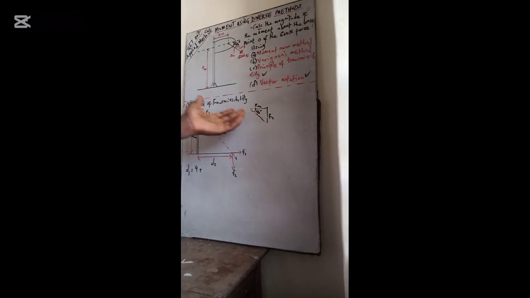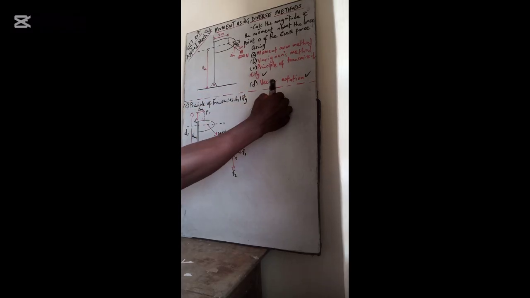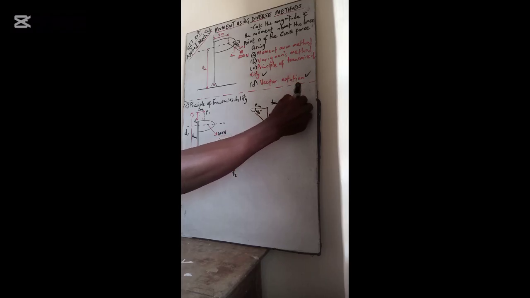So we have the opposite and we have the adjacent. Which trigonometric function is that? That is tan. Tan is equal to opposite over adjacent. So what we are saying now is that tan 40 will be equal to the opposite, which is F2, over the adjacent, which is 2 meter. So you have tan 40 equals F2 over 2.